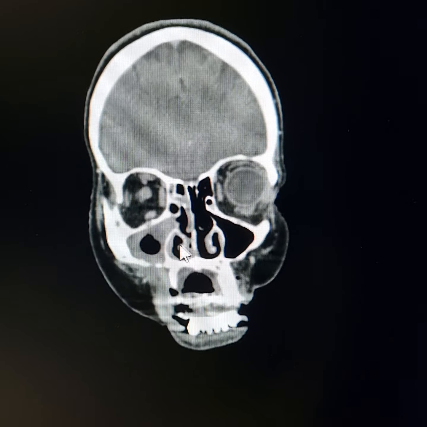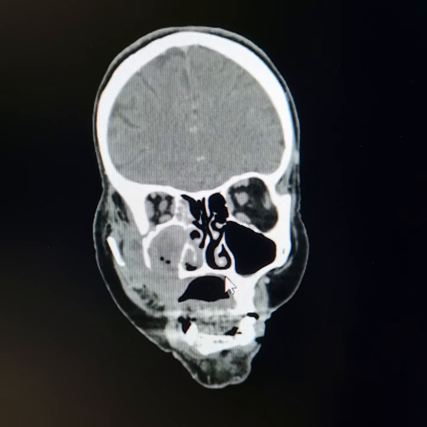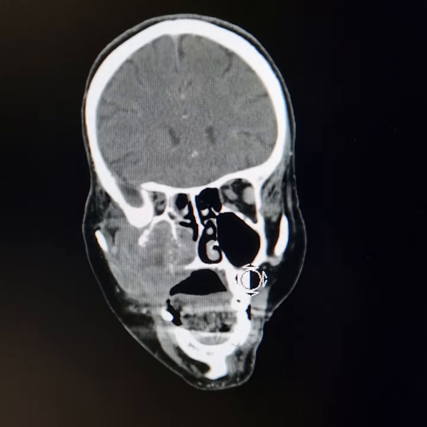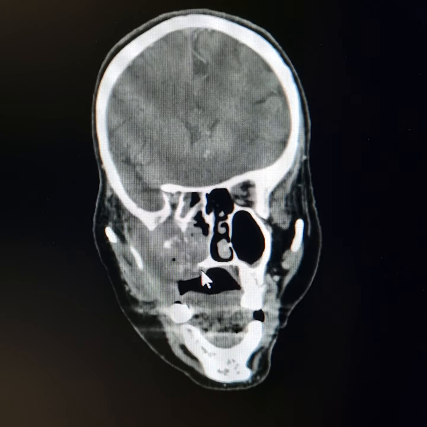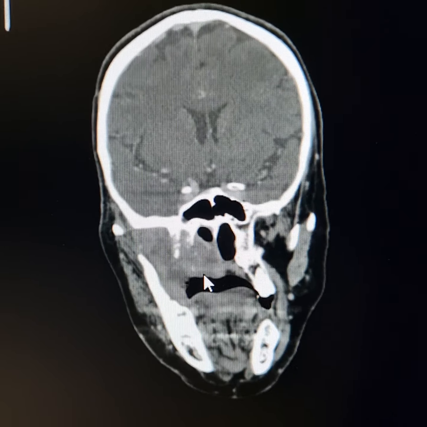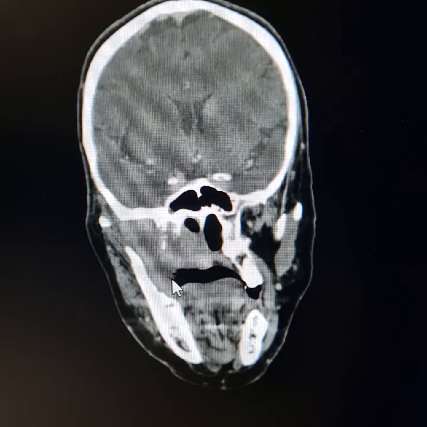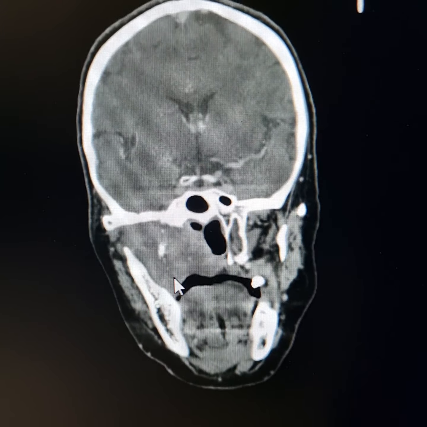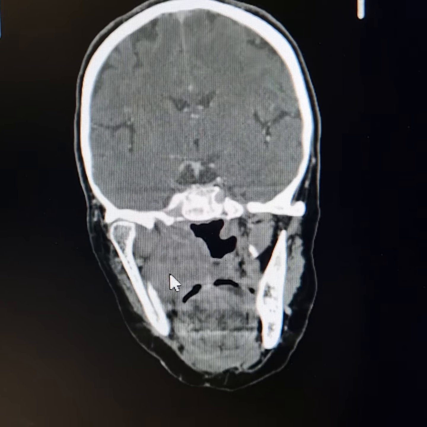Now this is the inferior turbinate on the right side. As I scroll it back, the mass has eroded the right side of the hard palate here. Now this is the left side of the hard palate, this is the right side of the hard palate. The mass extends into the oral cavity here at this level. As I scroll it back, it extends posteriorly along the superior ascending ramus of the right mandible.